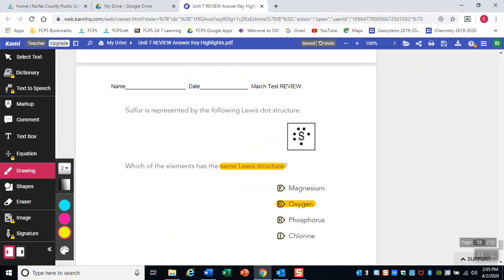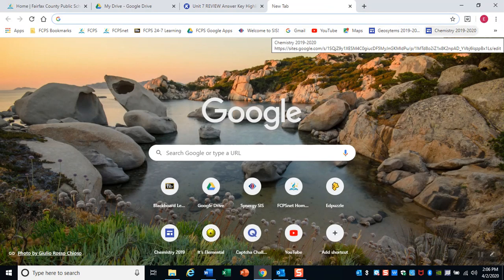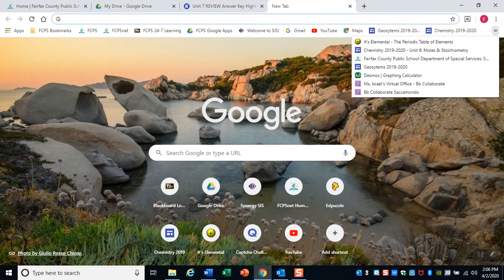Sulfur is represented by the following Lewis dot structure. Remember, you have the element in the middle. And it has 1, 2, 3, 4, 5, 6 valence electrons, right? 6 valence electrons. So which one of these would also have 6 valence electrons? That means it's in the same group, right? So let's check out our periodic table, I forgot to open up this beforehand.